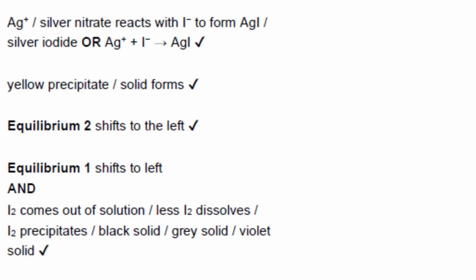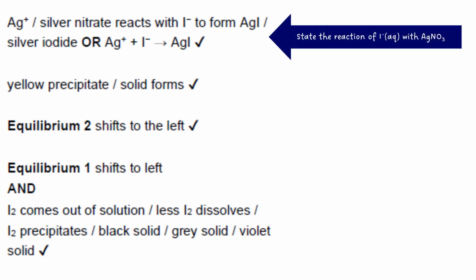So let's now take a look at mark scheme for part B. So let's go through each of the marking points and just cross-reference them to what we did. First one is to state the reaction of I- with AgNO3, and we did the ionic version, so we get that mark. We also stated that the yellow precipitate forms.